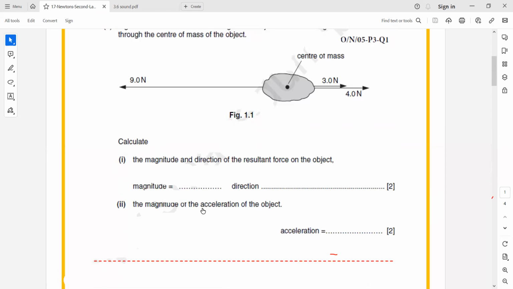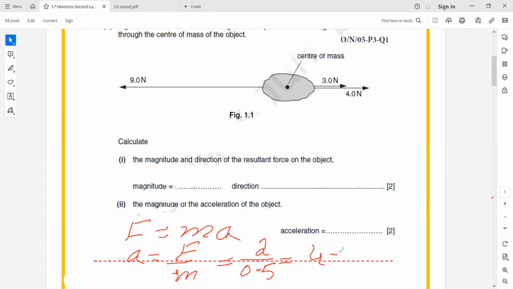So you will use this formula: F is equal to ma, and a would be equal to F over m. F is 2 Newton, m is 0.5. So when you solve it, 2 divided by 0.5 is 4, sorry, 4 meter per second square. This is the expression.